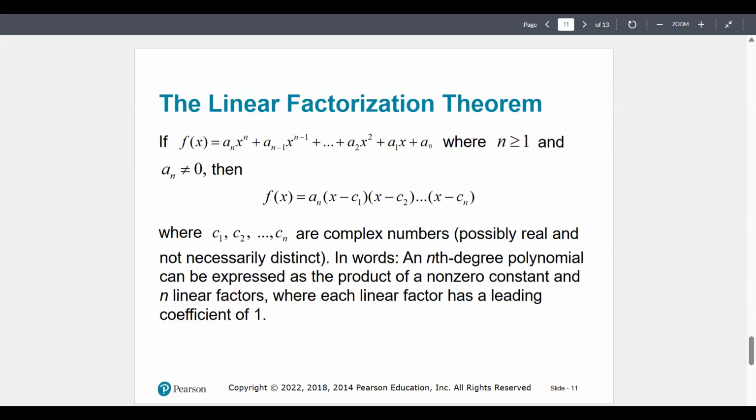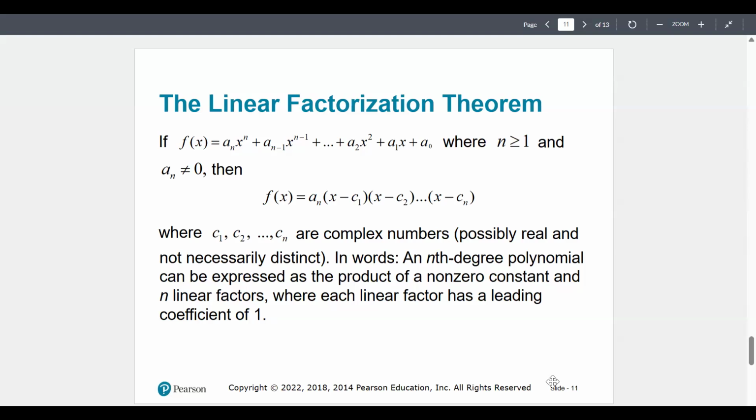In words, an nth degree polynomial can be expressed as a product of a non-zero constant and n linear factors, where each linear factor has a leading coefficient of 1. So we're able to write it so it always has a number out front and then a product of linear factors.